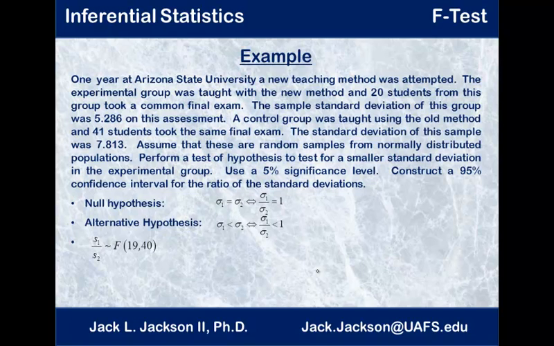The first sample here being the ones taught with the new method, the experimental group. Now notice that corresponds to saying sigma 1 over sigma 2 is less than 1. And so S1 over S2 is going to have an F distribution with 19 and 40 degrees of freedom. Remember, we had 20 students, so subtract 1, that's 19 in the first group, and the second group had 41 students, subtract 1, that's our 40 degrees of freedom. So 19 and 40 degrees of freedom.